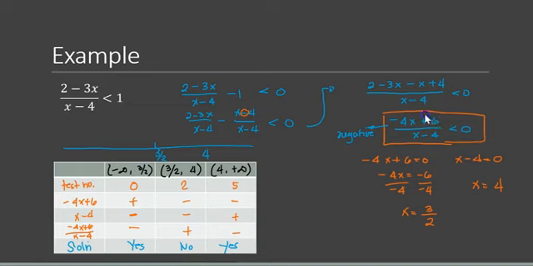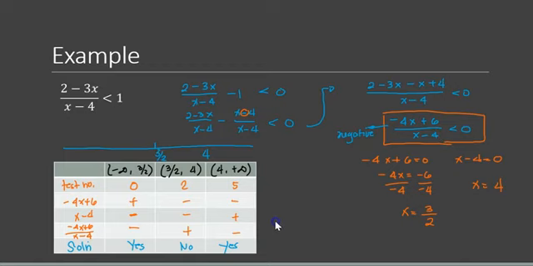Okay, so this entire fraction will be 0 when the numerator is 0. So that means 3 over 2. When you substitute it here, this becomes 0. So we don't want to include this because it's not part of the inequality. You don't want it to be equal to 0. And you don't want to also include 4 because it will make the denominator 0, which is undefined.